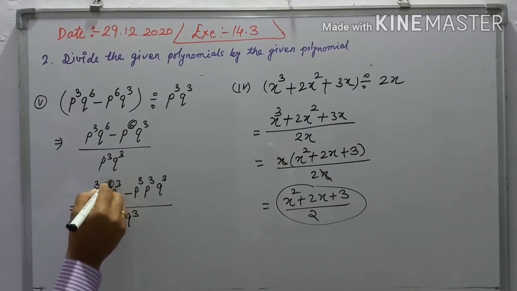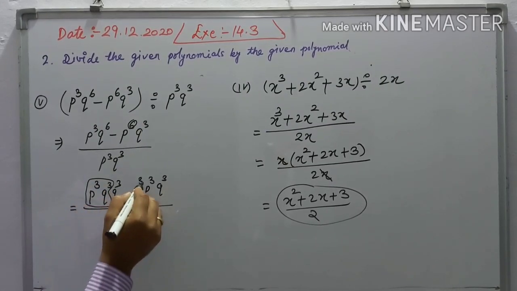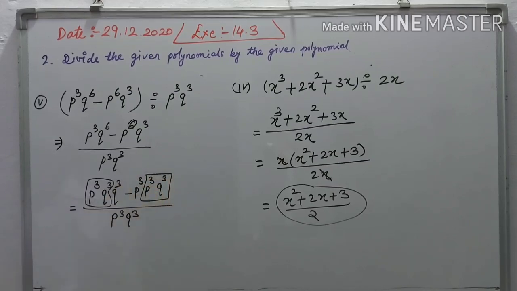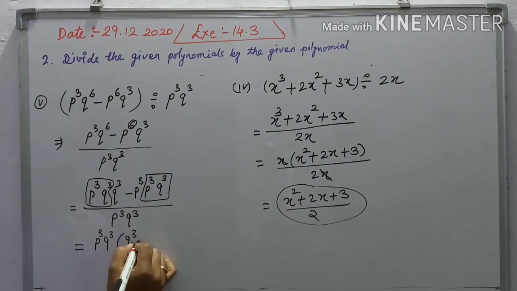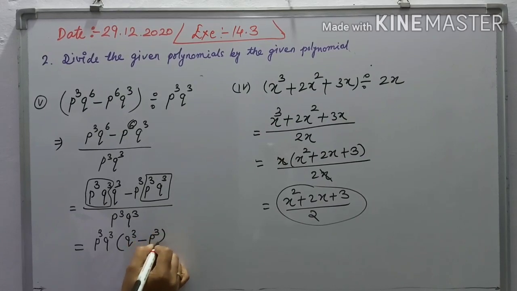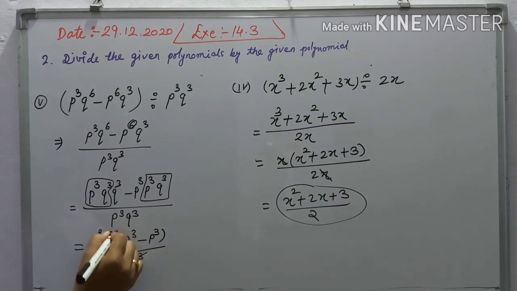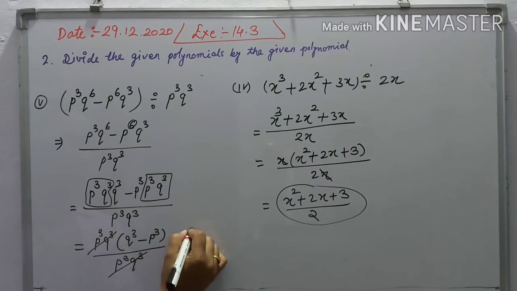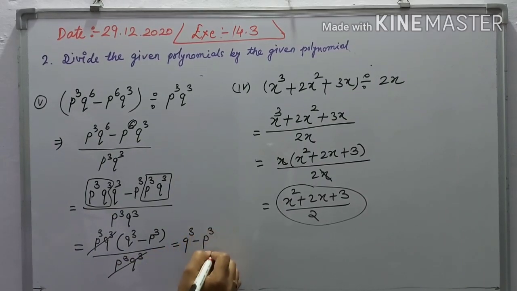The common terms cancel, and the answer is q^3 minus p^3.